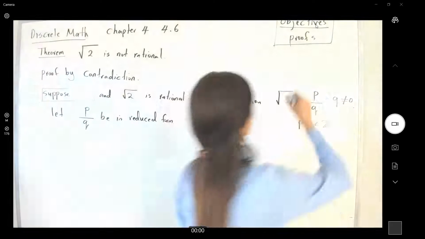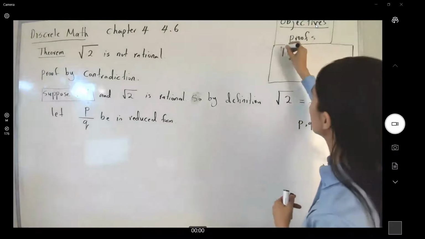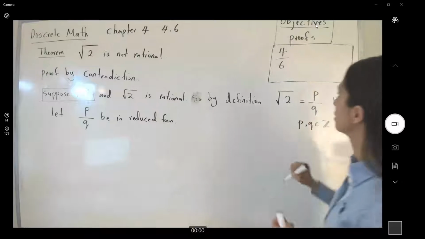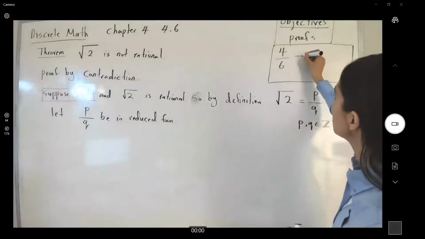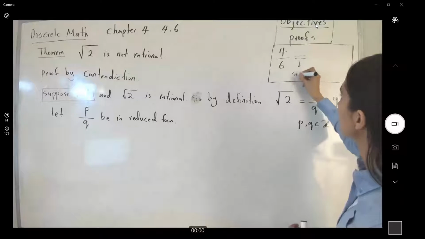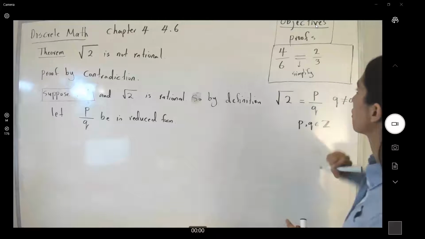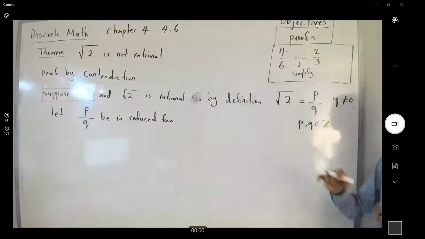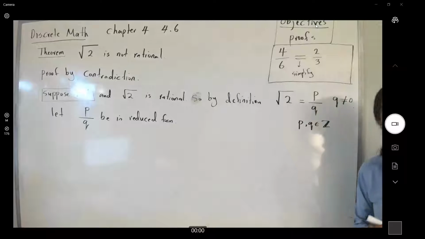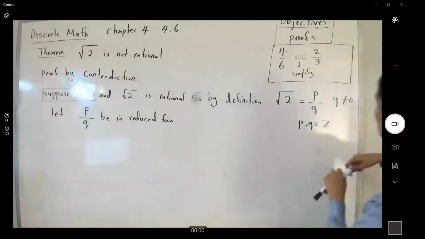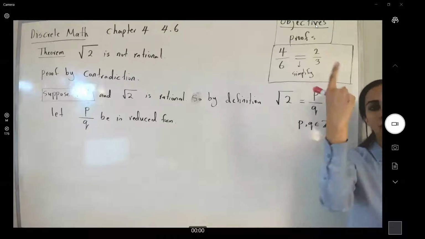What's the meaning of that? Remember, suppose you have a fraction like 4 divided by 6. They have a common factor, which is 2. If I simplify this fraction, I get 2 over 3. I say, well, this fraction is written in reduced form. They have only one common factor, which is 1.